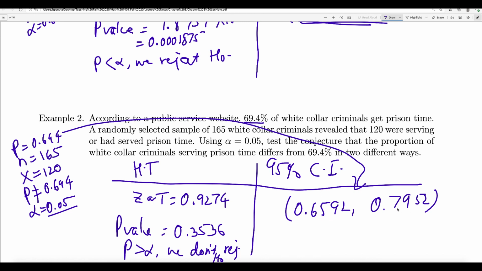That means you can actually use the confidence interval to test whether we reject or do not reject the null hypothesis. Because in this case, the null hypothesis, this is H0, right? This is H1. The null hypothesis falls in the confidence interval, meaning we do not reject the null hypothesis. If it doesn't fall, we reject the null hypothesis, like in the previous example.